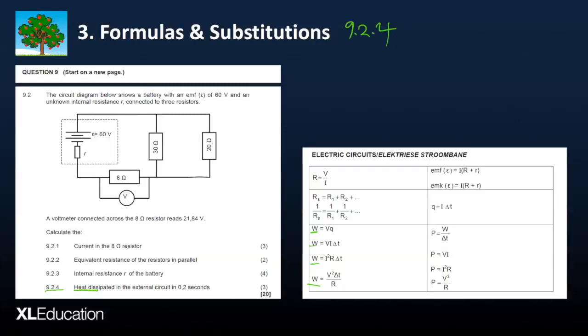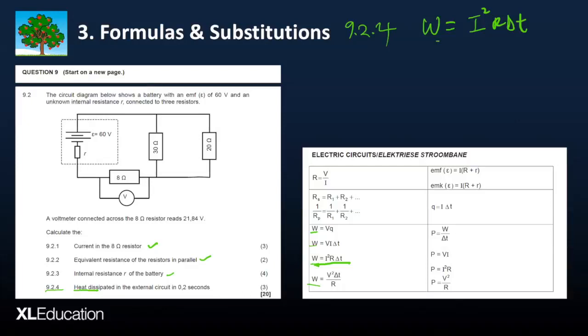Work is measured in joules, so the heat being dissipated is the work done by the circuit. What do we know about the circuit? We have calculated the current here, we have the resistance, and this is the internal resistance. So we need to look at what other information we know. We use this formula, which is work is equal to I squared R delta T.